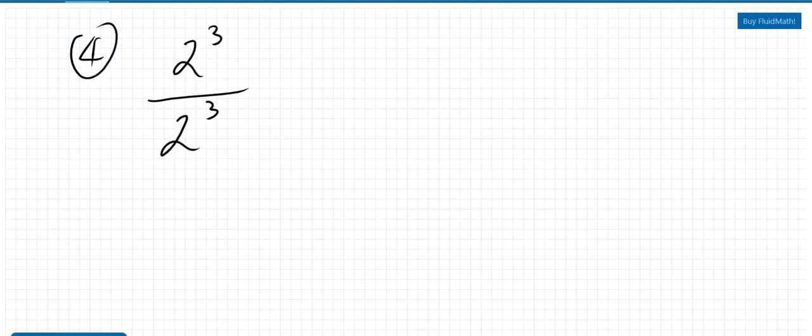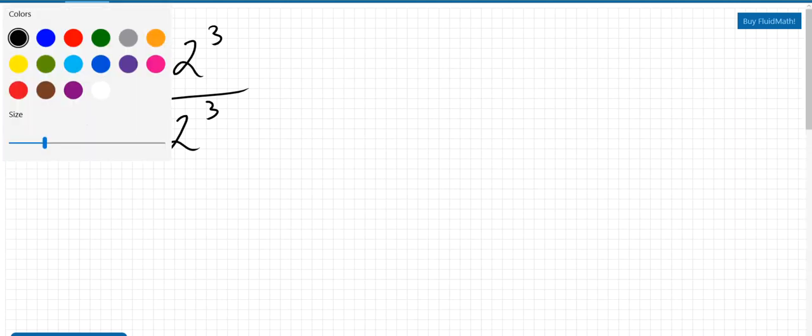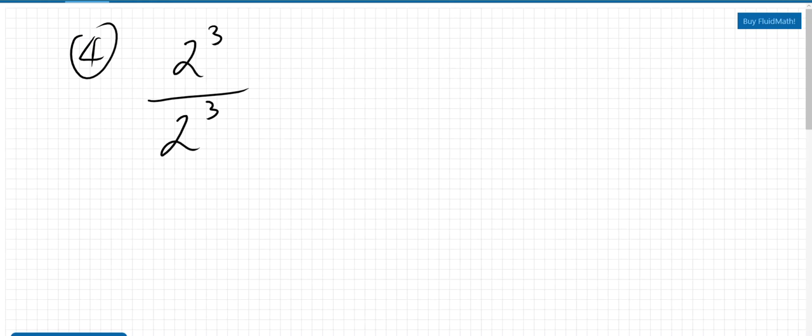Now, with our fourth question, you can see that this one has the same base, but also the same powers. And we've actually learned how to do this before the index laws. What I mean is, if you see the same thing on top, for example, if I have 13 on top and 13 on the bottom, because they are the same thing, we basically divide them with each other.